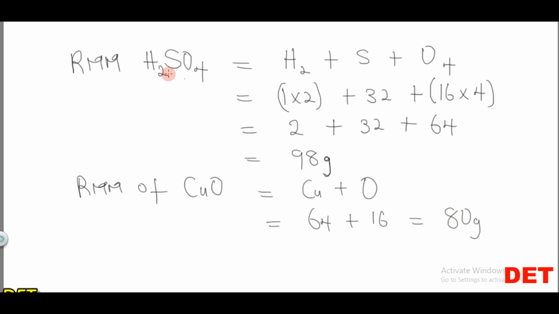So the molecular mass of tetraoxosulphate(VI) acid in the reaction is 98 grams, and the molecular mass of copper(II) oxide in the reaction is 80 grams.